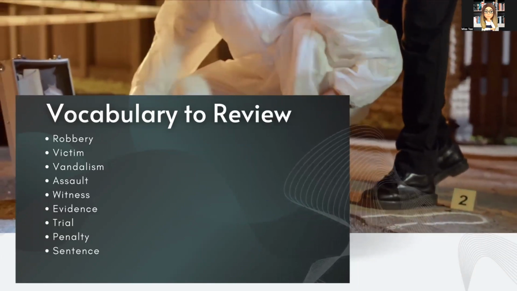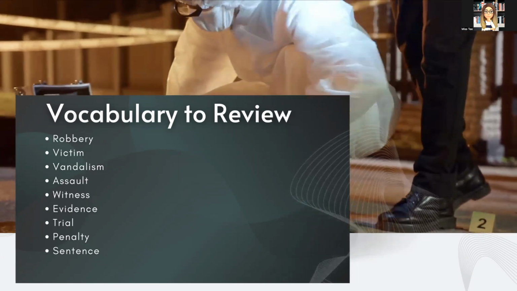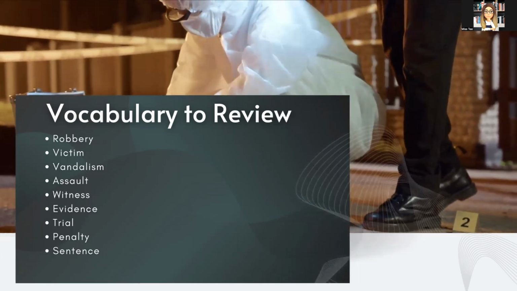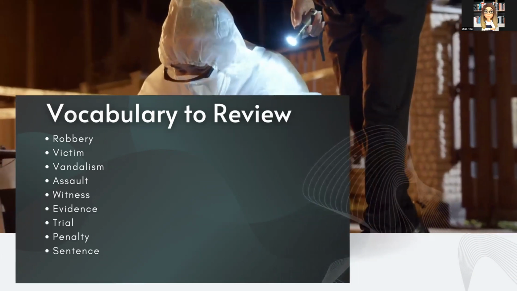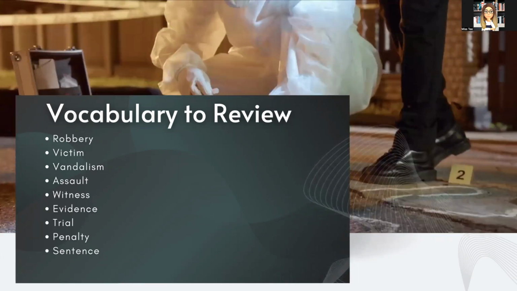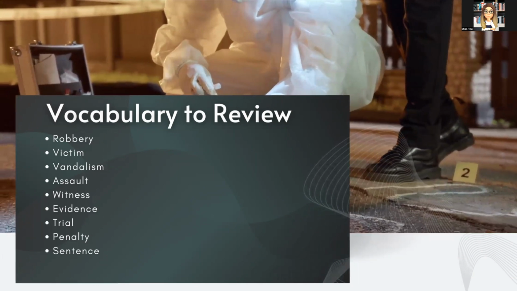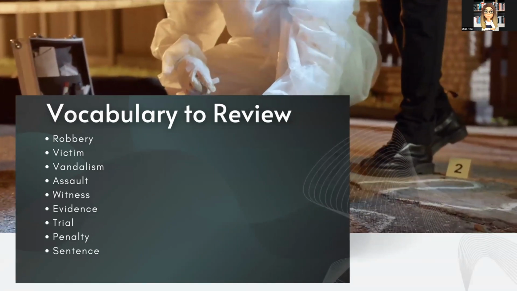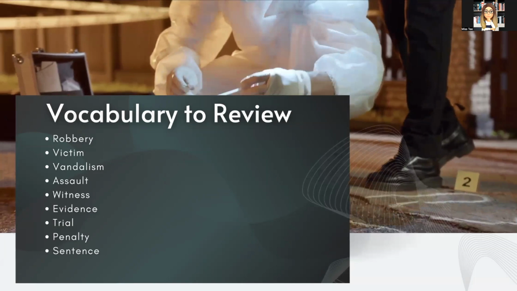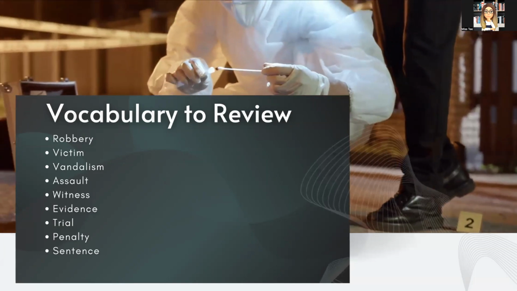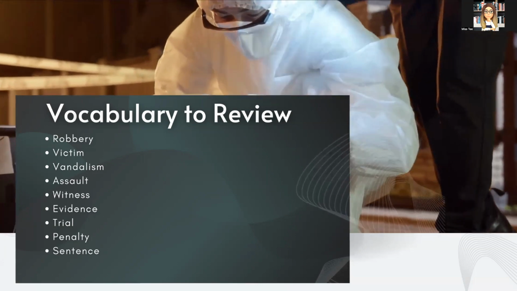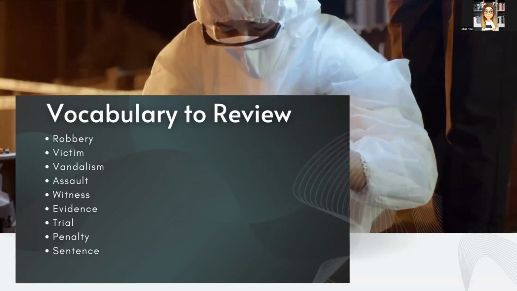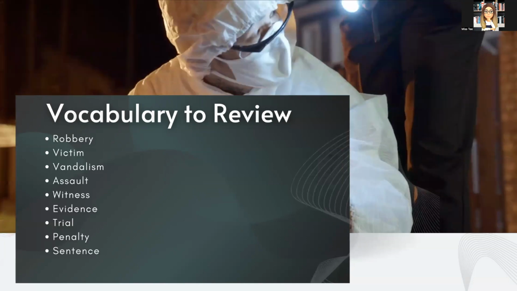As you study these words, make sure you know the different word forms, make sure you know how to put them in your own sentences when you're speaking and writing, and make sure you understand the grammar around each of these words, because this is a topic that can come up on a proficiency exam, and it is quite common in daily English because things related to crime come up on the news a lot. So if you're just living in an English-speaking country, then you might hear these words quite often if you watch the news.